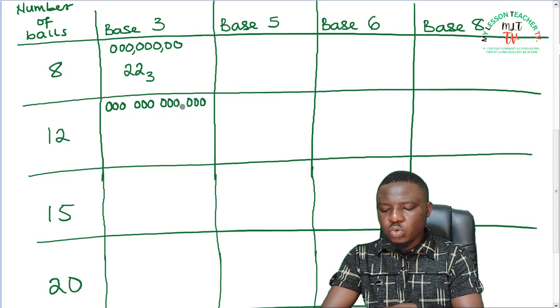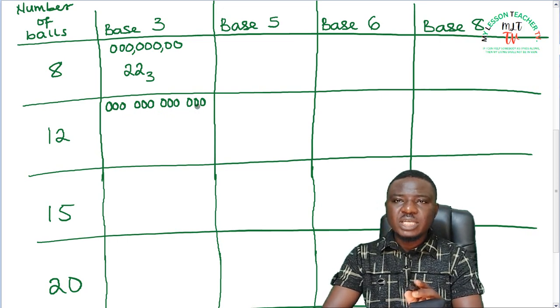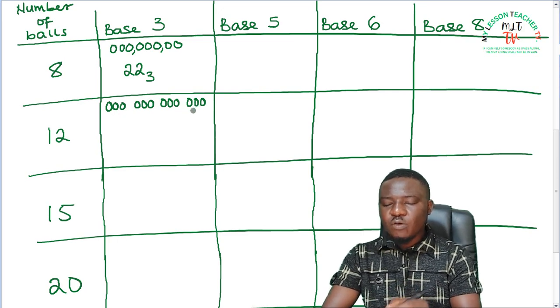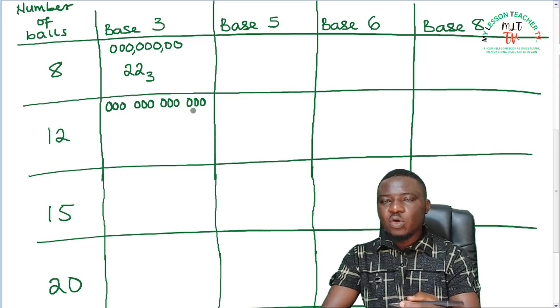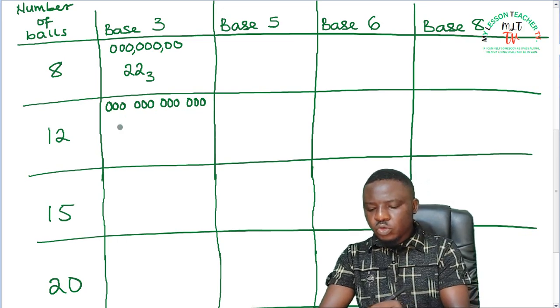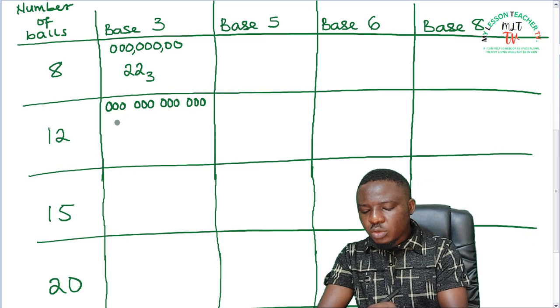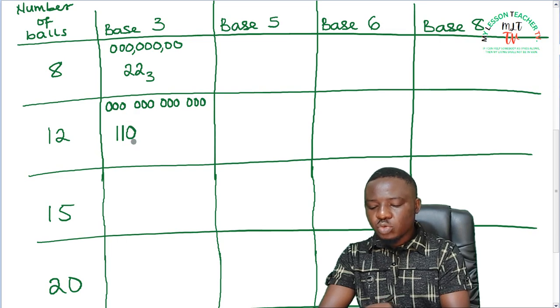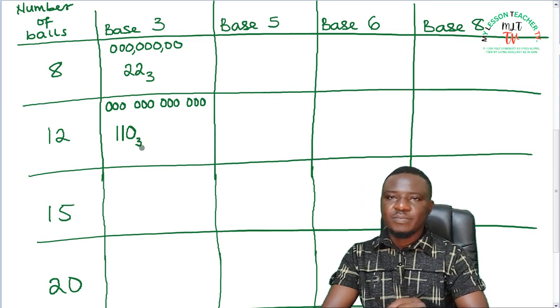That is 1, 2, 3, 4. But 4 is not a digit in base 3. So we have 4 groups of 3s, which can also be divided by 3 again. So we have 1 group of 3s with 1 group of 3s and 0 remainder. 12 in base 3 can be said to be 1, 1, 0 base 3.